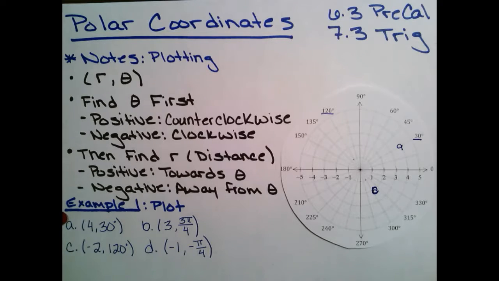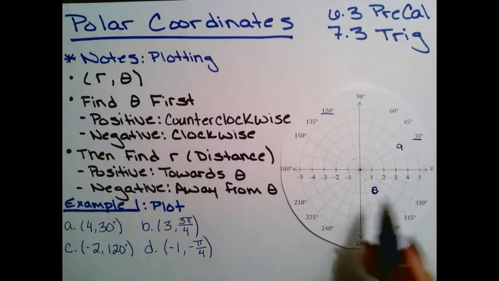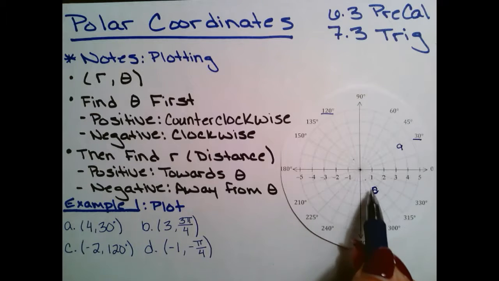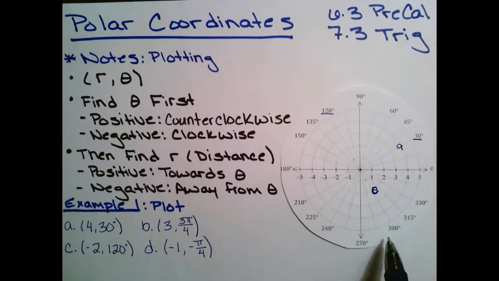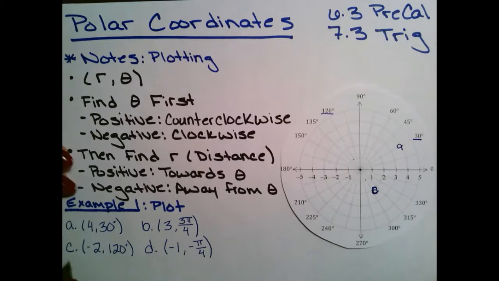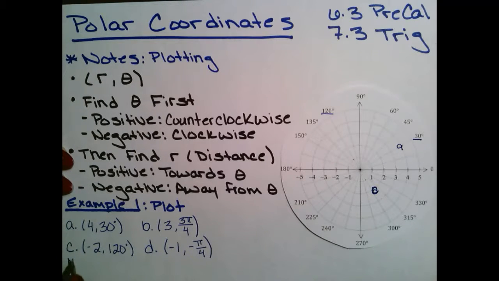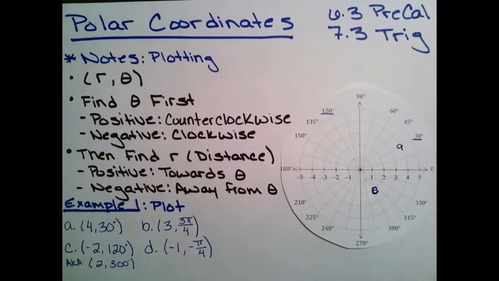Now you might be asking yourself, well, why didn't they just call this point ring 2 on 300? And you're correct, you could call letter C, let's say aka also known as, positive 2, 300 degrees, because it is on the second ring pointing towards 300. These points could be labeled with different names.